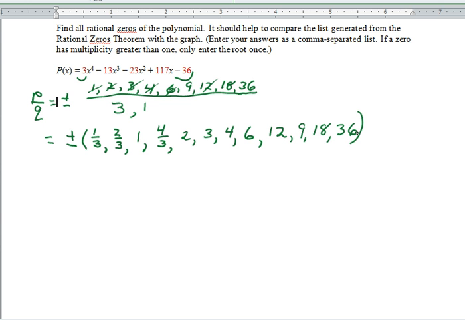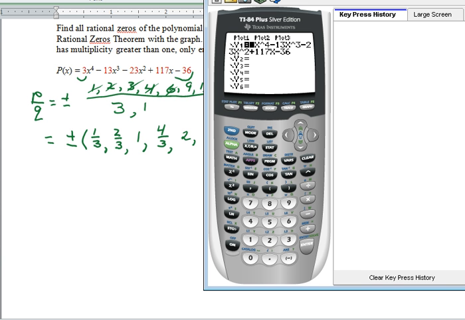So at this point, we know that our rational zeros are all between plus or minus 36. I will use that as the x-min and the x-max when we're drawing this graph.